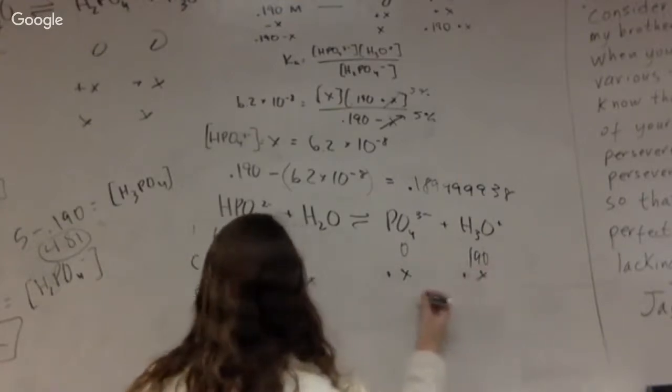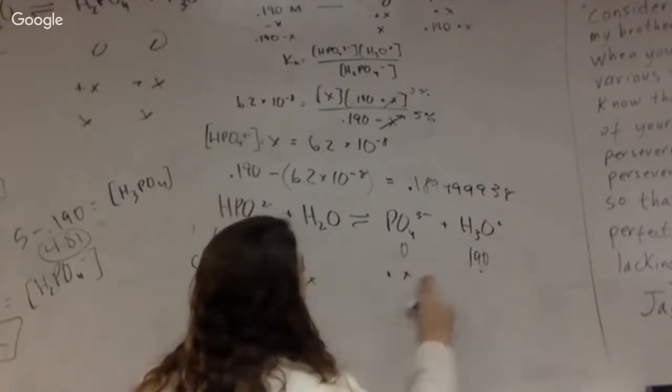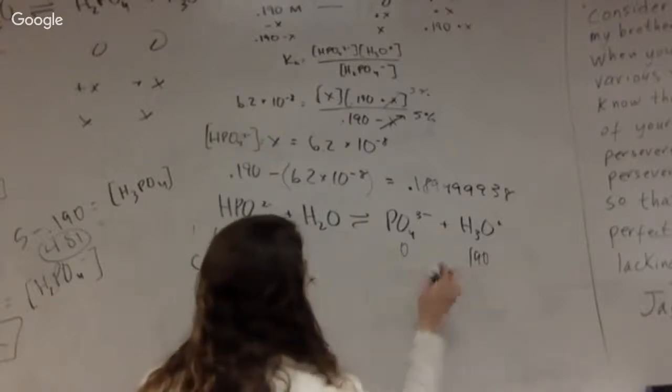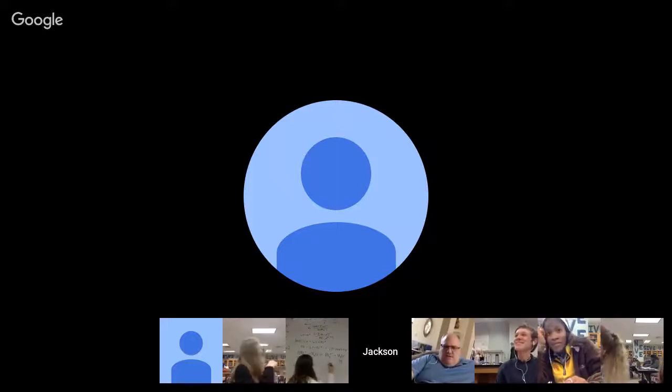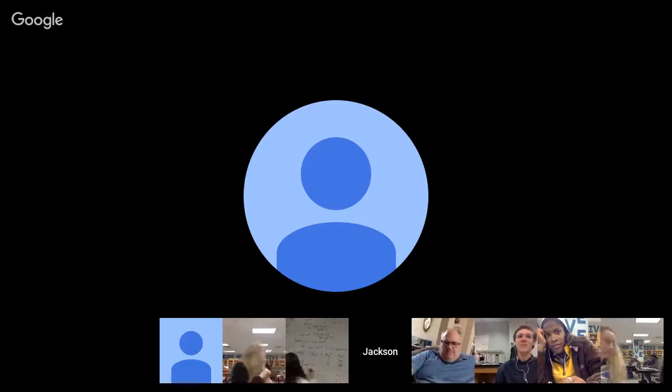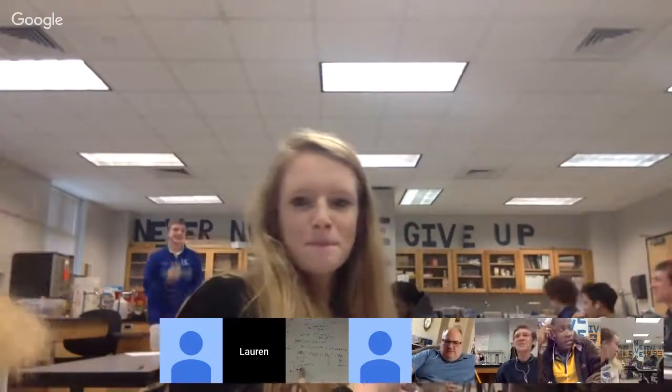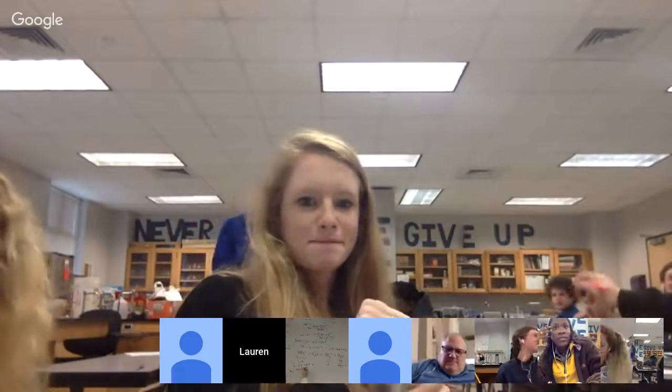He's stealing. Oh, he's stealing. Why all of a sudden can I not see Jackson and Zion? That bothers me greatly. Jackson's in the back of the room, but I don't even see Zion on my screen anymore. You noticed I was gone.